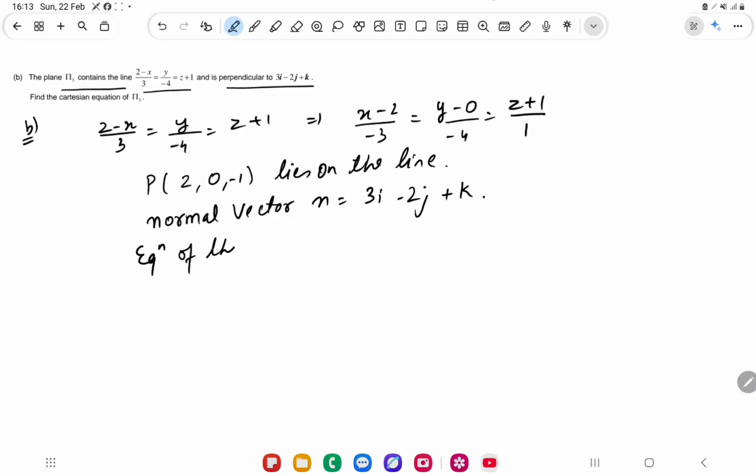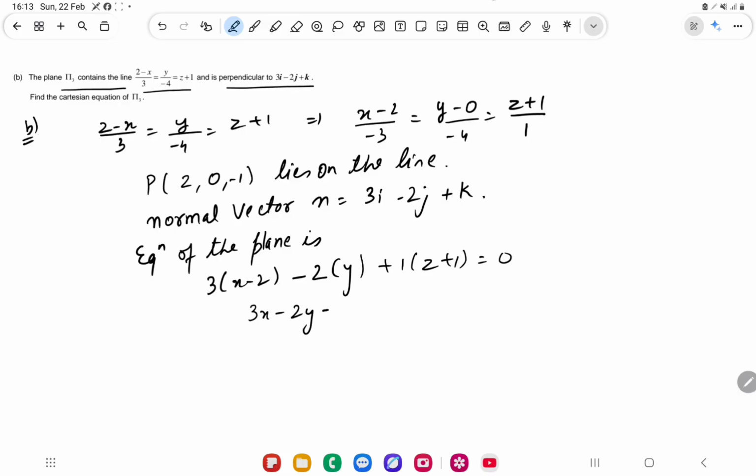So the equation of the plane will be 3 times (x minus 2) minus 2 times y plus 1 times (z plus 1) is equal to 0. So on simplification, I will get 3x minus 2y plus z is equal to 5. So this is my Cartesian equation of plane pi 3.